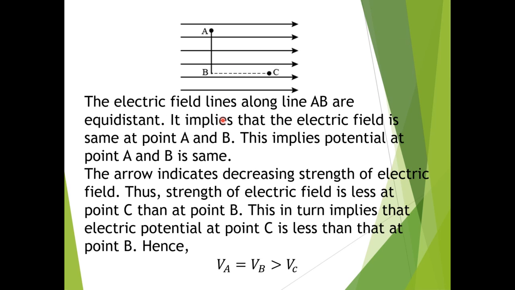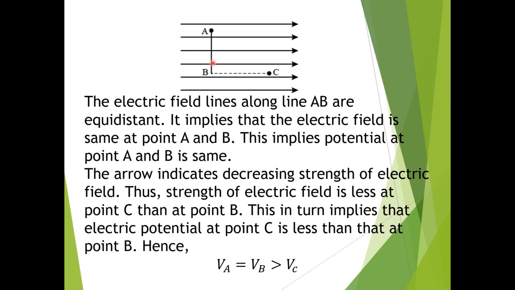So the electric field lines lie along line AB and are equidistant. So if you see this, the electric field lines are equidistant, which implies that the electric field is the same at point A and point B, and that's the convention.